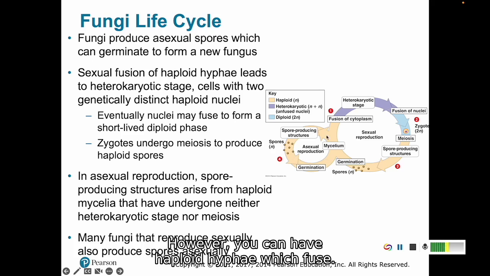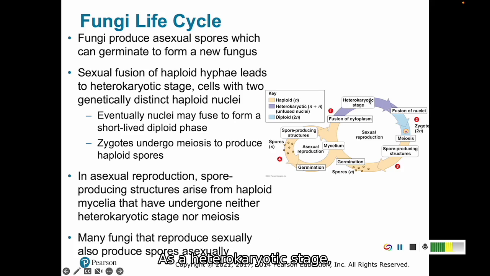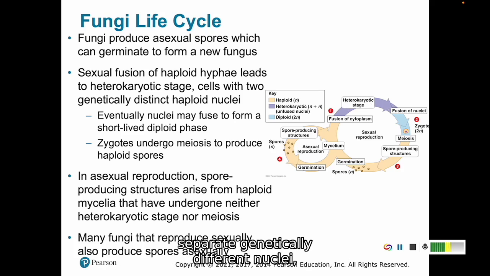However, you can have haploid hyphae which fuse, and you will get a heterokaryotic stage. As a heterokaryotic stage, the cell has two separate, genetically distinct nuclei. You'll have one nucleus that came from one of those hyphae and one nucleus that comes from the other hyphae. So it has these two separate, genetically different nuclei, which is what calls it heterokaryotic.